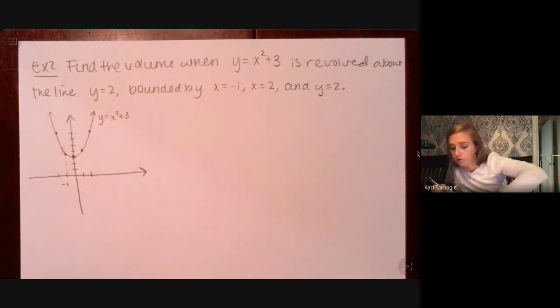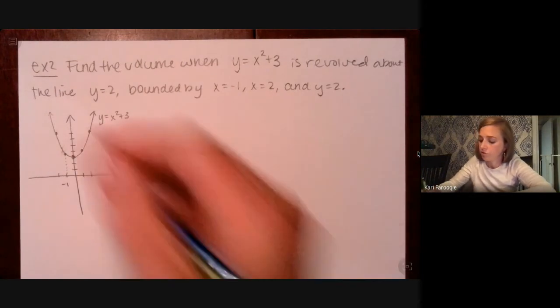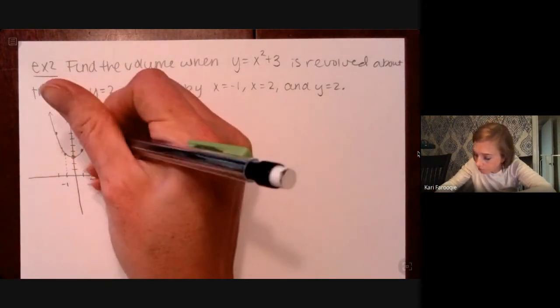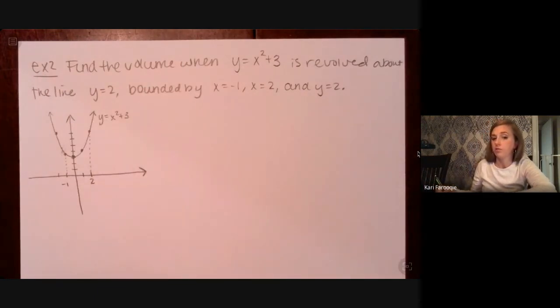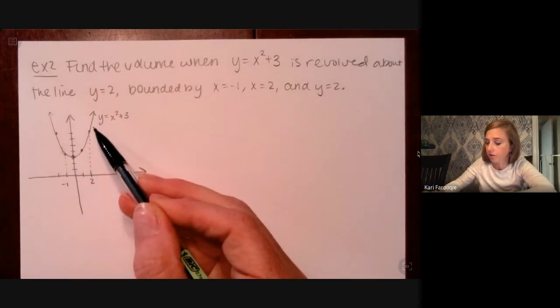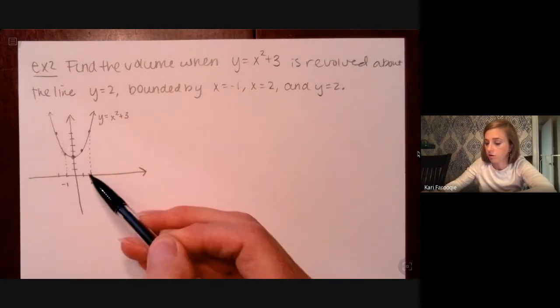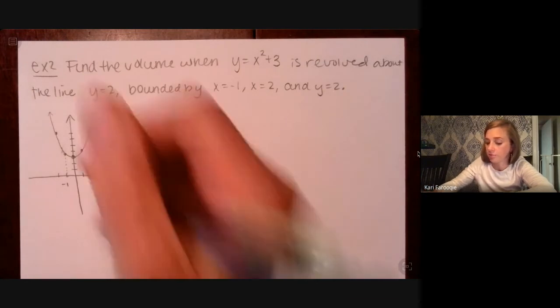I'm also at a weird angle, in my defense. x equals 2. Okay, so our region is bounded by this parabola, x equals -1, x equals 2. Remember, x equals always represents vertical lines, and y equals 2.